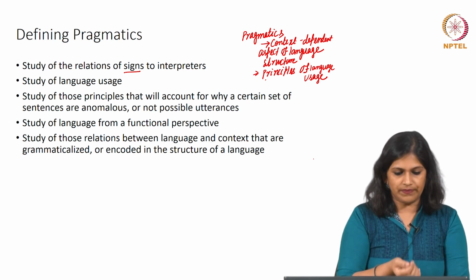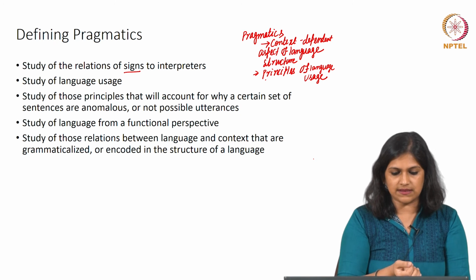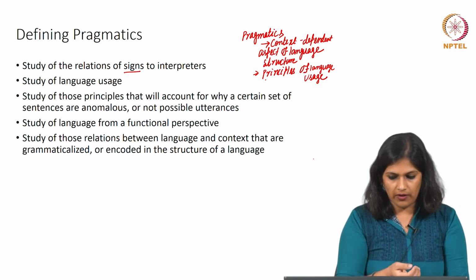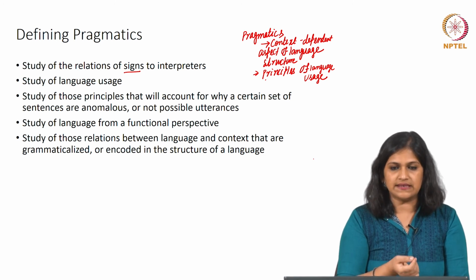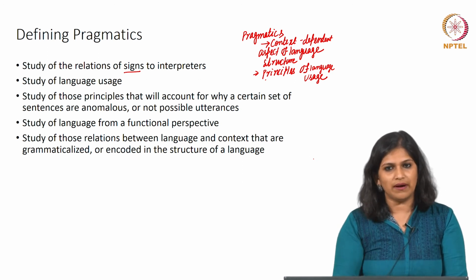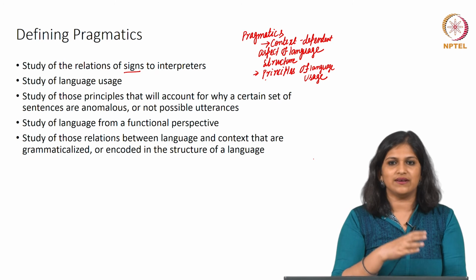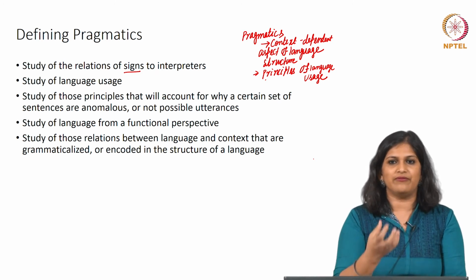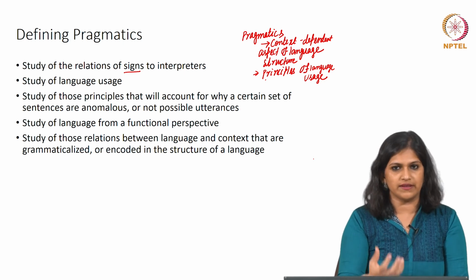What is it? Pragmatics is the study of those principles that will account for why a certain set of sentences are anomalous or not possible utterances. So, what does it talk about? It talks about possibility or impossibility, accepted or non-accepted forms of language or constructions.